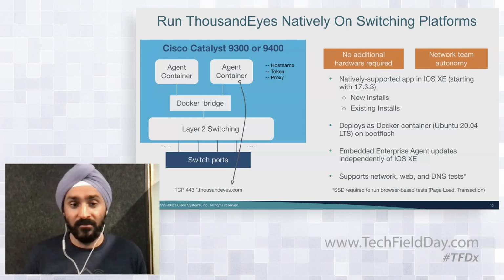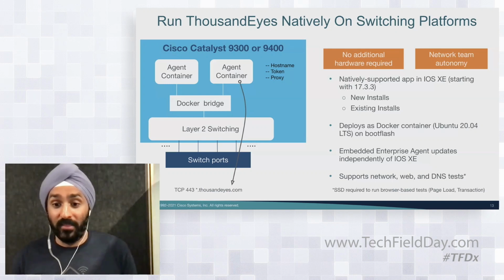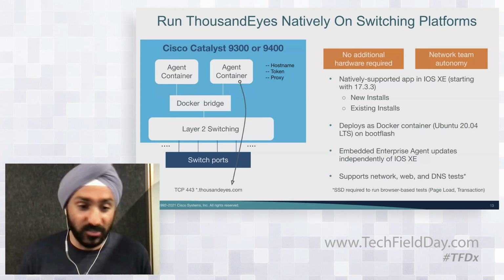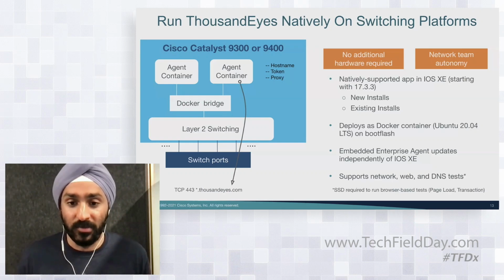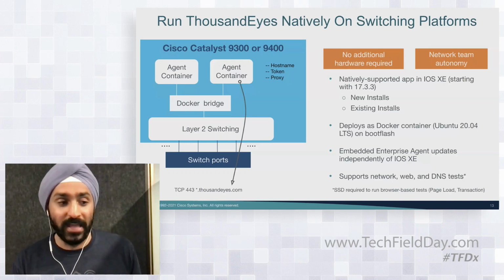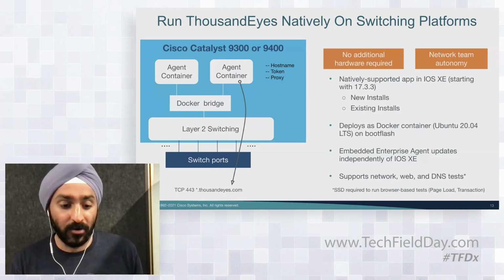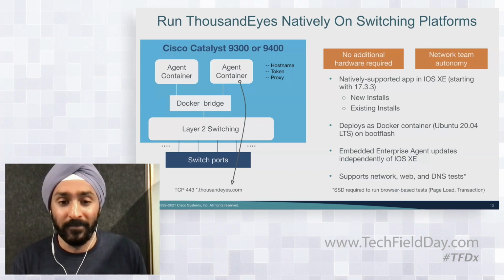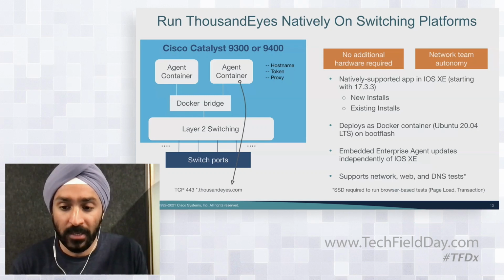And the only thing that the agent really needs to communicate with ThousandEyes is essentially TCP 443 traffic out to ThousandEyes.com domains and subdomains to be able to authenticate itself and also get updates across types of tests it should be running. That's consistent with how we've been operating the agent for a long time.